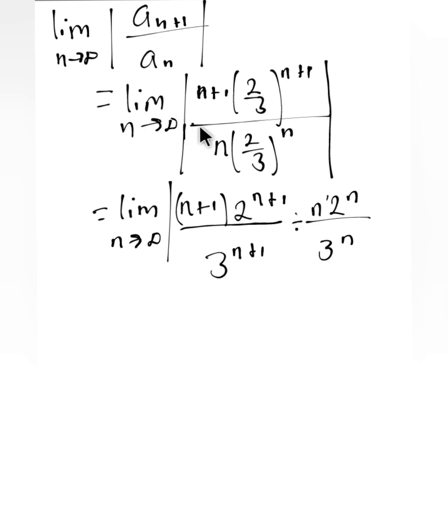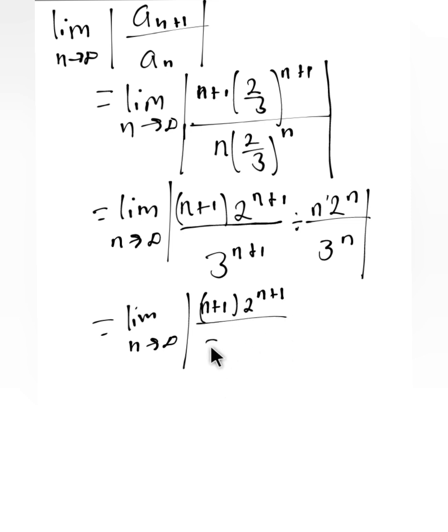So instead of this division sign here, let's make use of multiplication to make it easier for us. So this gives us the limit as n tends to infinity of n plus 1 times 2 to the n plus 1 all over 3 to the n plus 1.